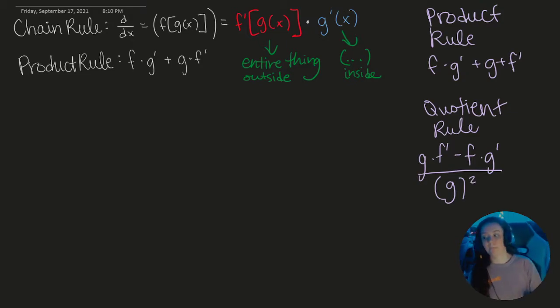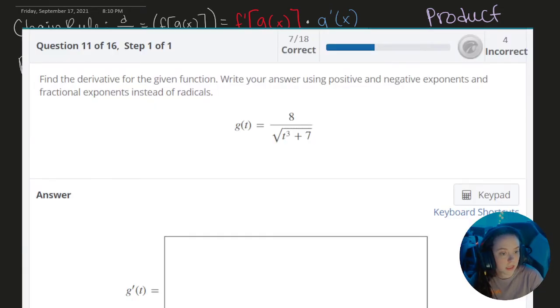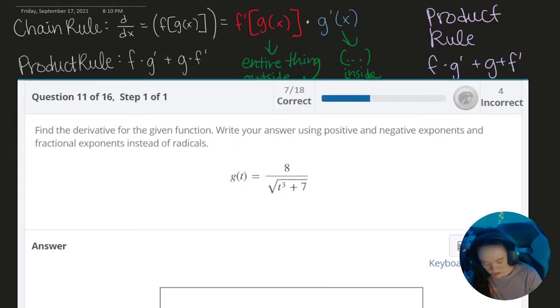Okay? There would be of x there, but just to save a little bit of space, I'm not writing that. Same thing for product rule. Okay, so the question that it gives us is this. So I'm going to go ahead and write the problem.